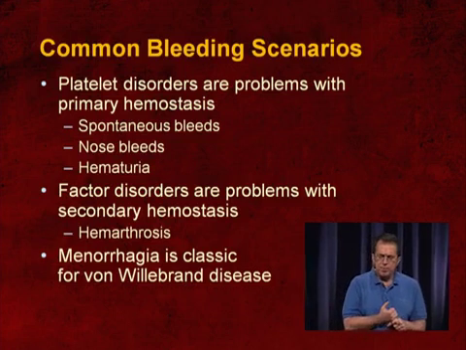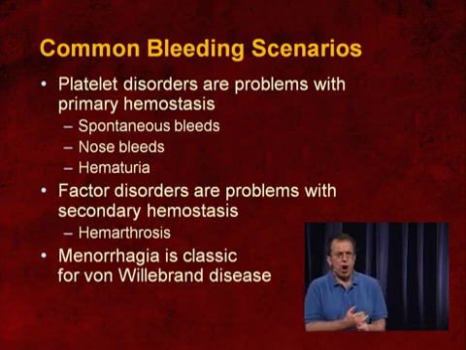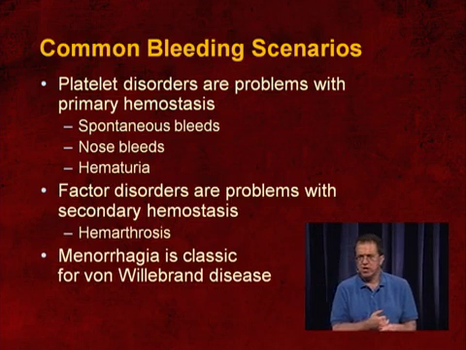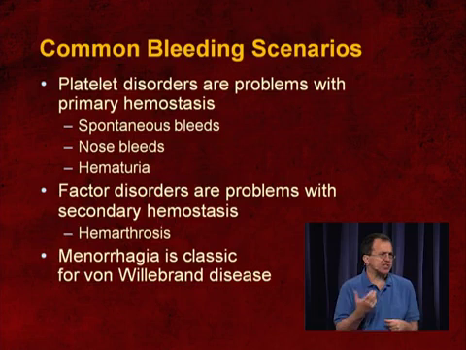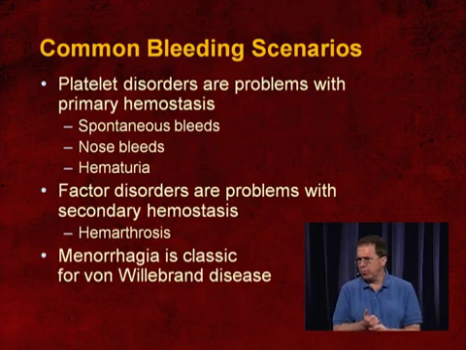So if the problem is your platelets, it's going to be primary hemostasis. So that's spontaneous bleeds. That's stuff like nosebleeds. That's stuff like hematuria. So if you either have too few platelets or platelets that don't work, you're going to see spontaneous bleeding, nosebleeds, hematuria.